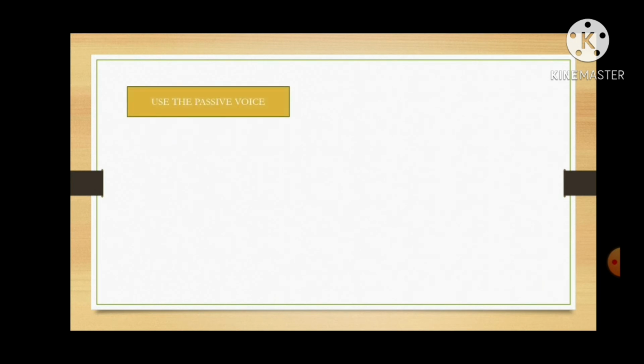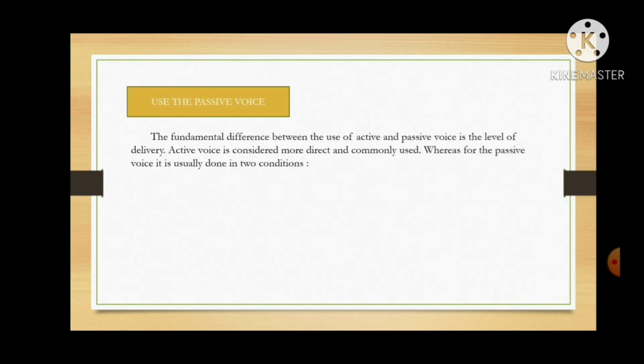Use the passive voice. The fundamental difference between the use of active and passive voice is the level of delivery. Active voice is considered more direct and commonly used, whereas for the passive voice it is usually done in two conditions. 1.